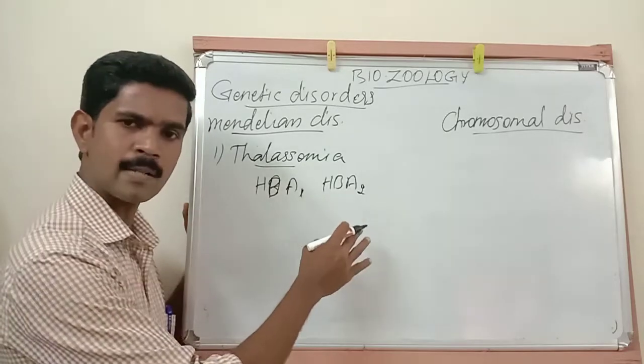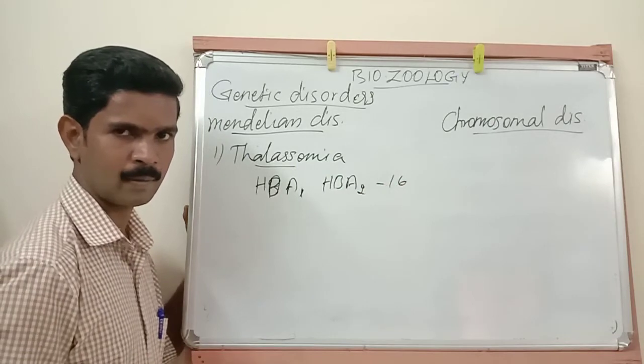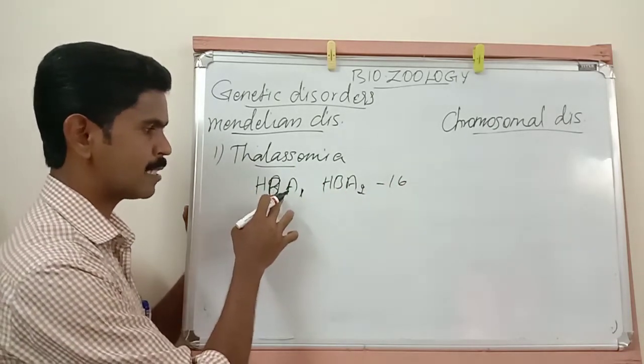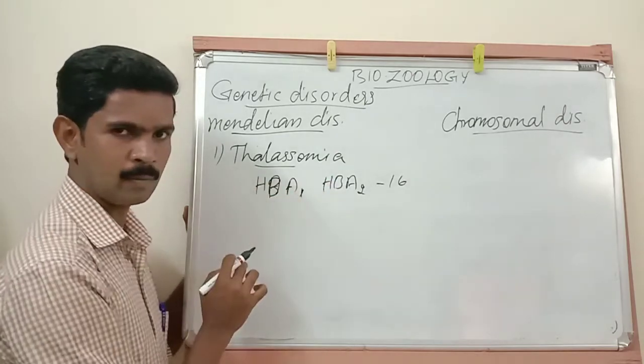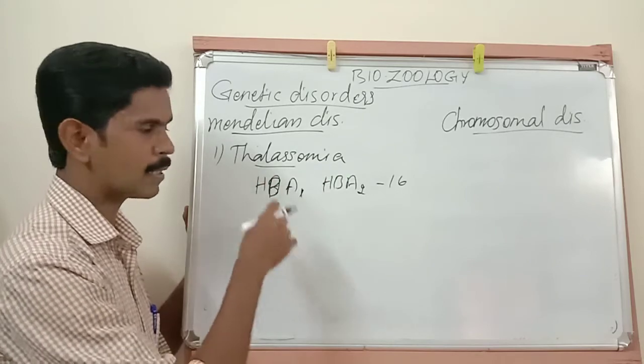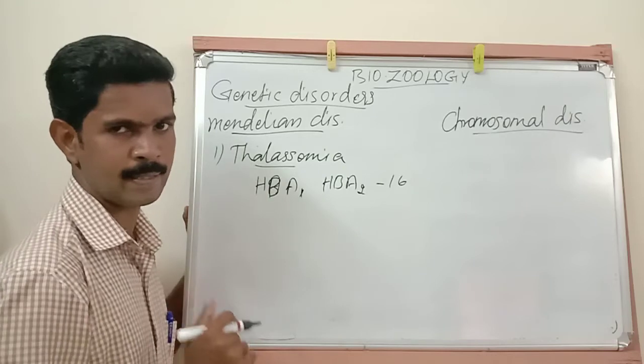These two genes are located on the 16th chromosome of our cell. If they are involved in mutation or any alteration, they produce abnormal alpha chains.